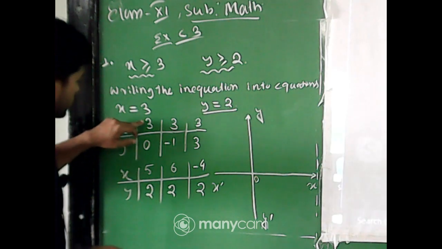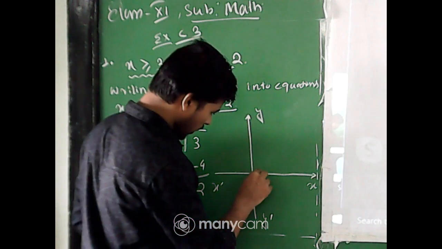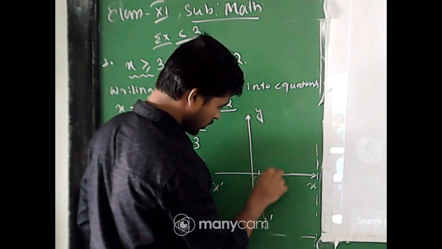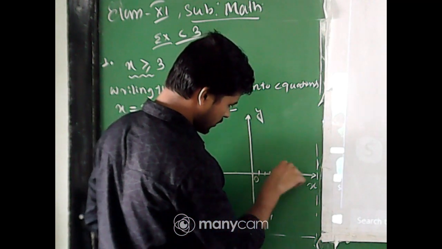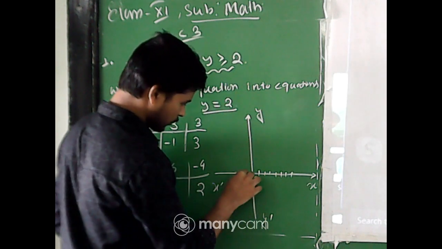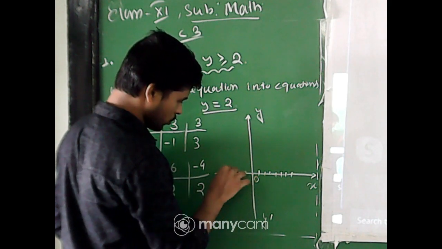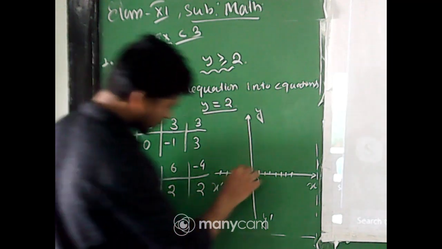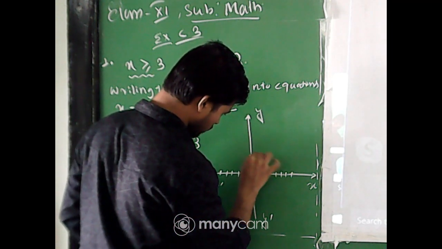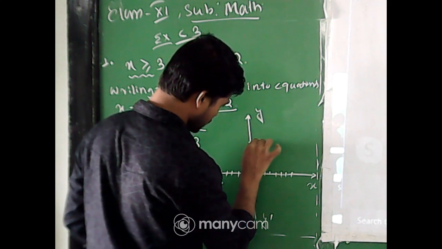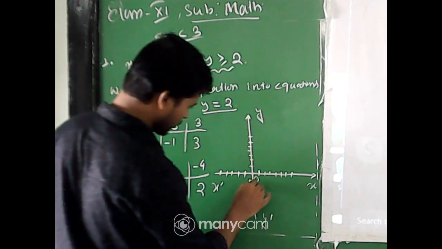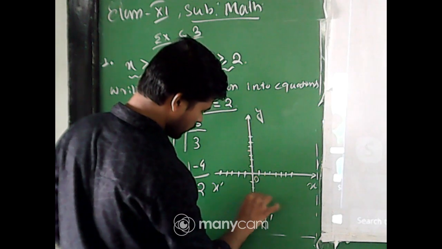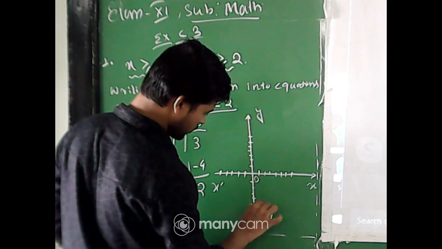Now we will mark the values. Let us mark 1, 2, 3, 4, 5, 6, 7 on the right-hand side, and on the left-hand side 1, 2, 3, 4, 5, and similarly on the y-axis, 1, 2, 3, 4, 5, 6, 7, and 1, 2, 3, 4, 5, 6.